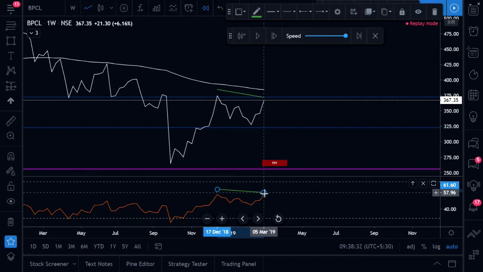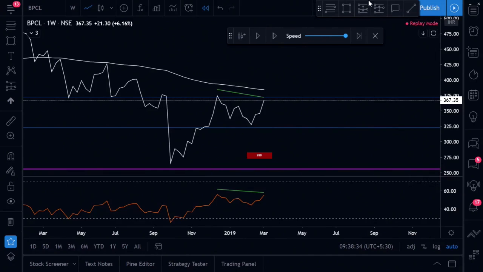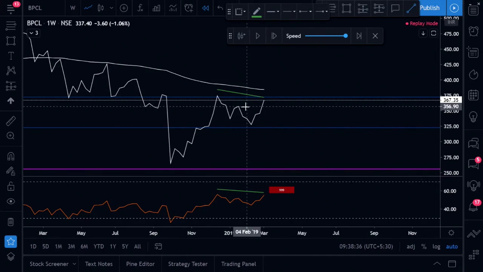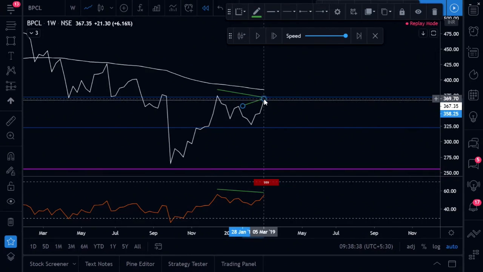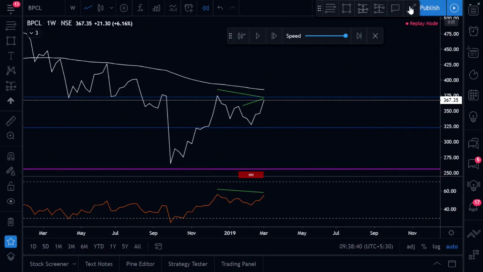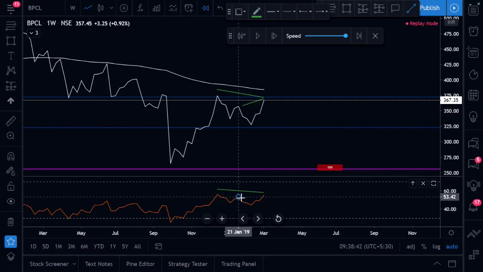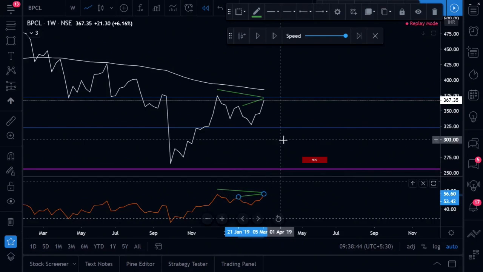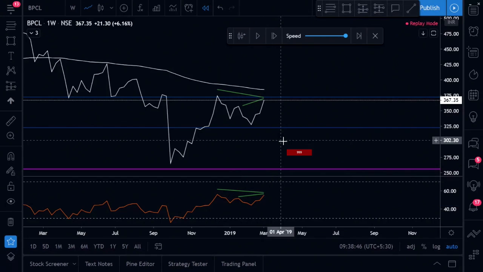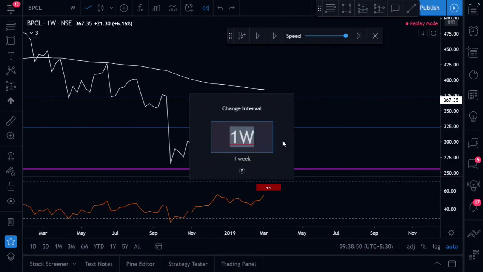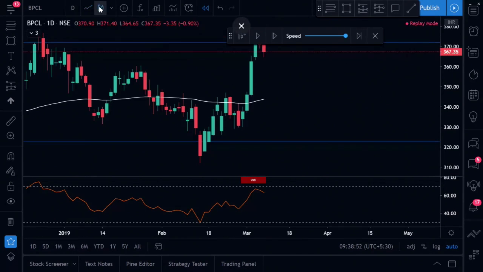So, no continuation divergence. If we look at the reversal divergence, price is making higher high and the RSI is also making higher high. So, no sort of bearish divergence from the weekly. Let us go to the daily. What do we have in the daily?